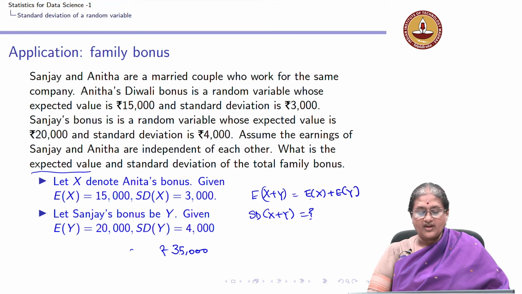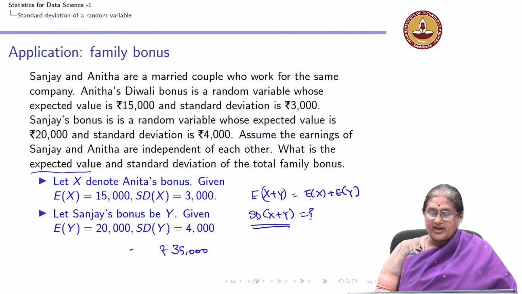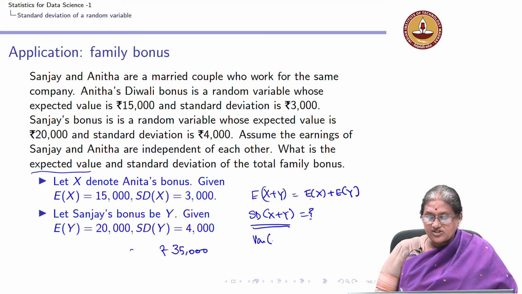35,000. Now, to compute the standard deviation of x plus y, I know the variance of x is going to be 9. Variance of y is 16.